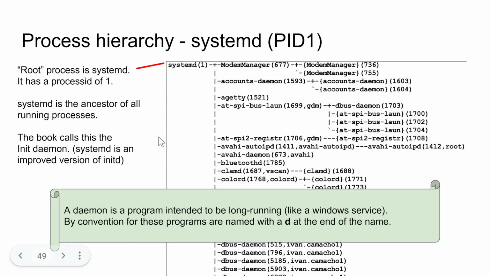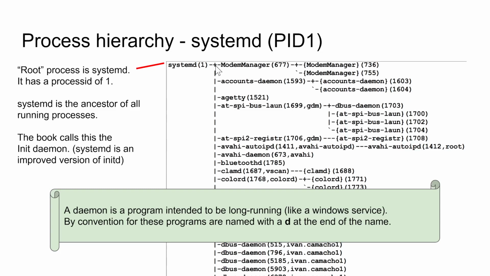Now, the book goes on and talks about, in the chapter after this, a daemon. A daemon is a program that is intended to be a long-running service that runs in the background. By convention, the programs that are intended to be run as daemons have a d at the end of the name in Linux. There are examples of this here. Well, sometimes they just flat spell out the word daemon, okay?